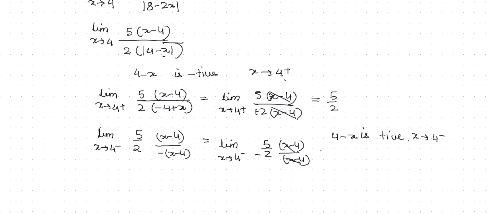This would cancel and this would give 5 minus 4. So we see that the left hand limit here is not equal to the right hand limit, and that's why the limit will not exist.